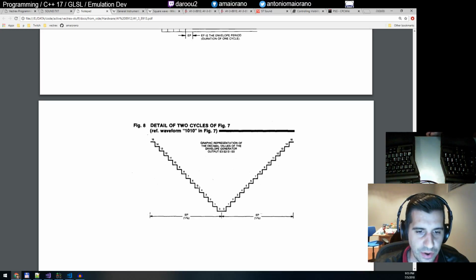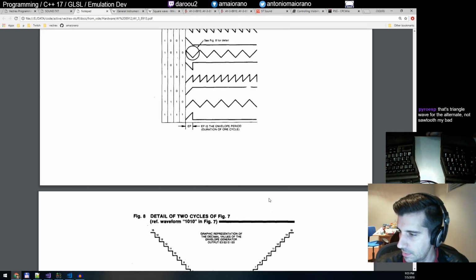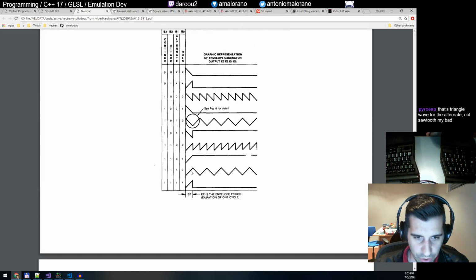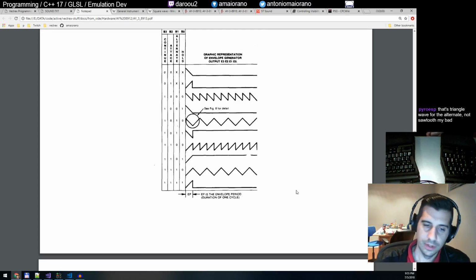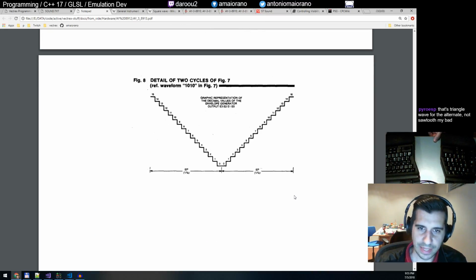So if I understand correctly, basically every time we clock, we move to the next thing. Right, this is triangle over here, right? And these are called sawtooth. Okay, and then that's it.